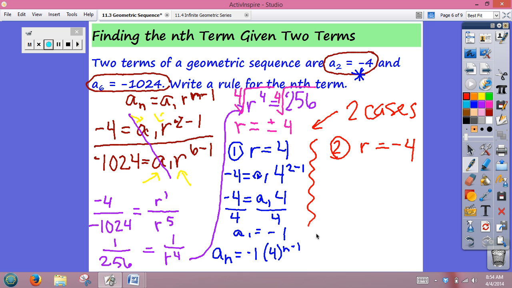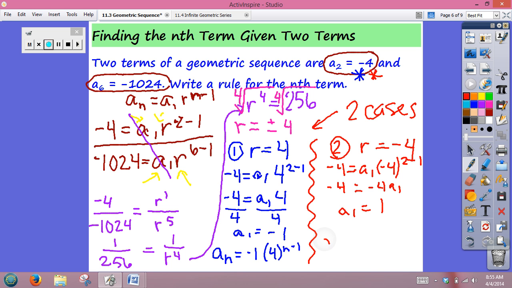In our second case, we'll use the a2 equals negative 4 again, so we get negative 4 equals a1 times negative 4, which is the r value in our second case, to the 2 minus 1 power. Again, n is 2 because we're using this equation. So if we simplify, we get negative 4 equals negative 4a1, and we get that a1 equals a positive 1.